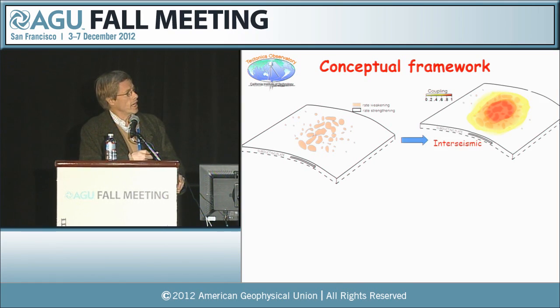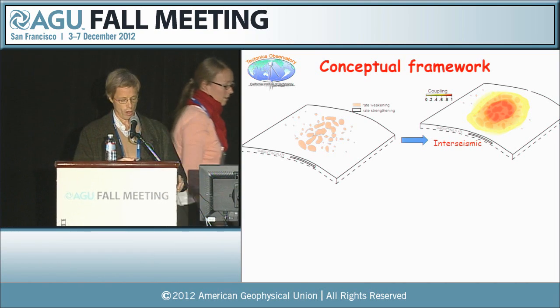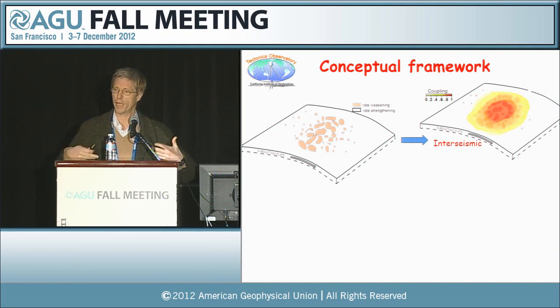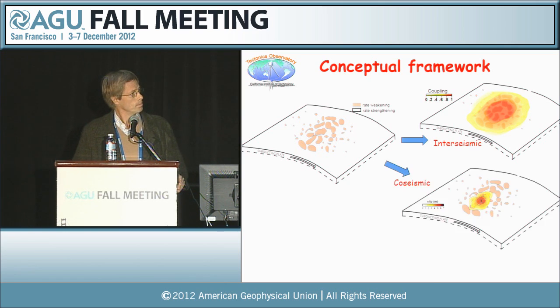Where you have a dense packing of rate weakening patches, you expect this will appear as a broad locked zone, whereas where you have asperities which are isolated within creeping patches, they might fail during background seismicity. And so the interseismic coupling will be something between 1 and 0.